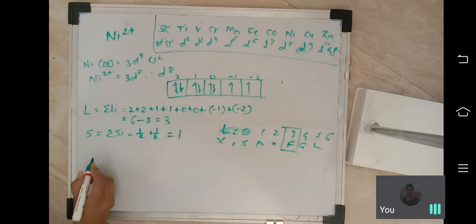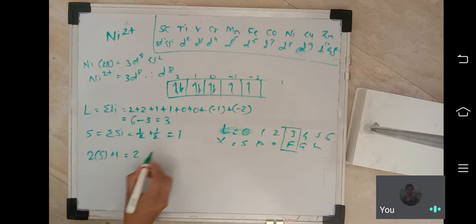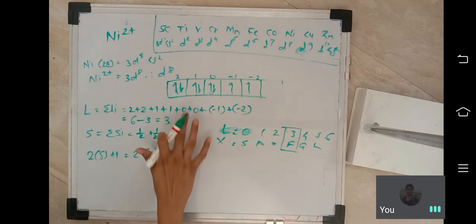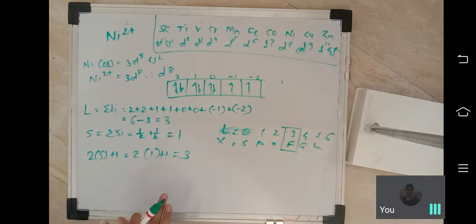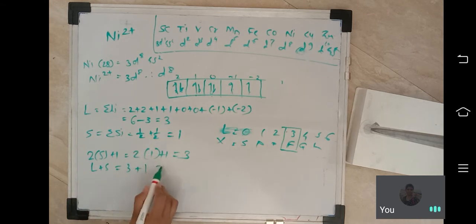Okay, then for the formula, you have to calculate the value of 2S plus 1. What is it here? S is 1, so 3. Here it is more than half filled, so we have to take L plus S. What is the value of L? 3. What is the value of S? 1. That means 4.